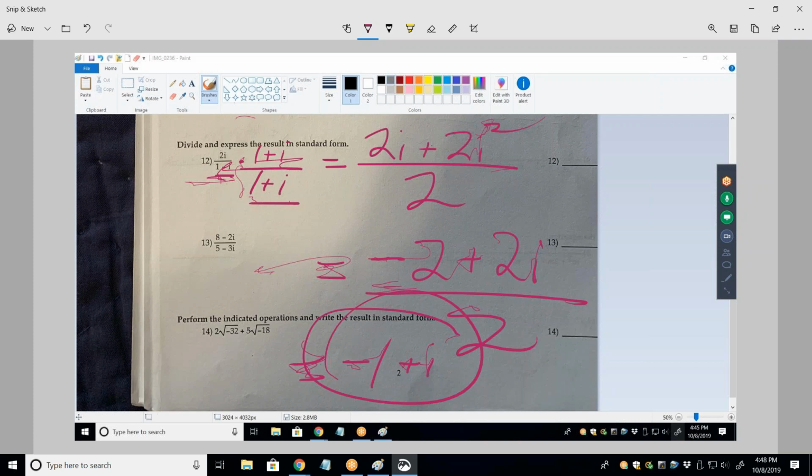So I do have a 2 in the denominator. The fact that I have a 2 in the denominator means I can cancel out both of these 2's in the numerator. In other words, I can divide top and bottom by 2, once I get to this step right there. Now I can divide top and bottom by 2, and I end up with -1 plus i.